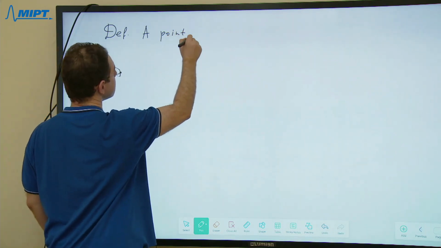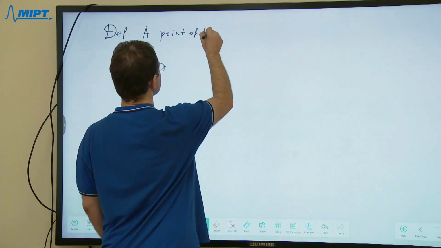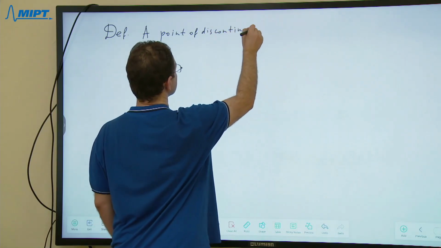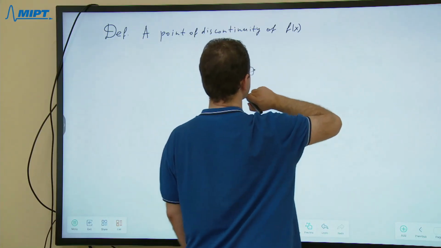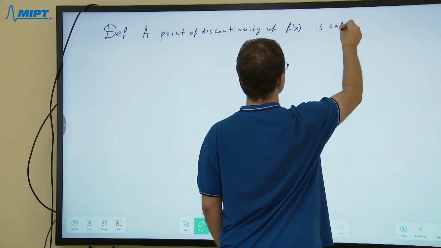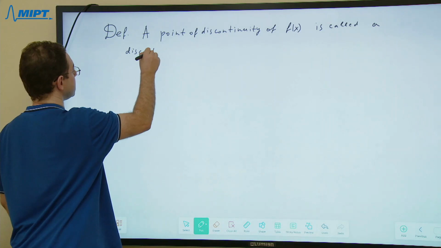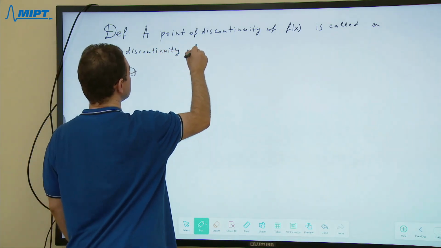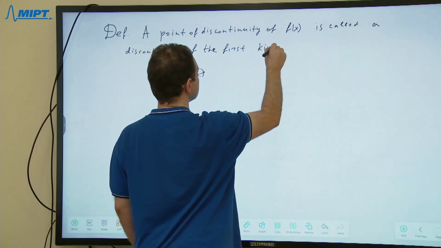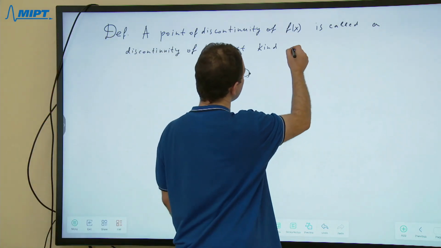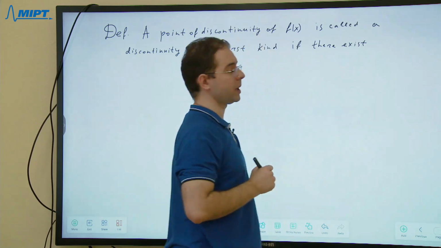A point x0, a point of discontinuity, of f of x is called a discontinuity of the first kind if there exist one-sided limits at this point.